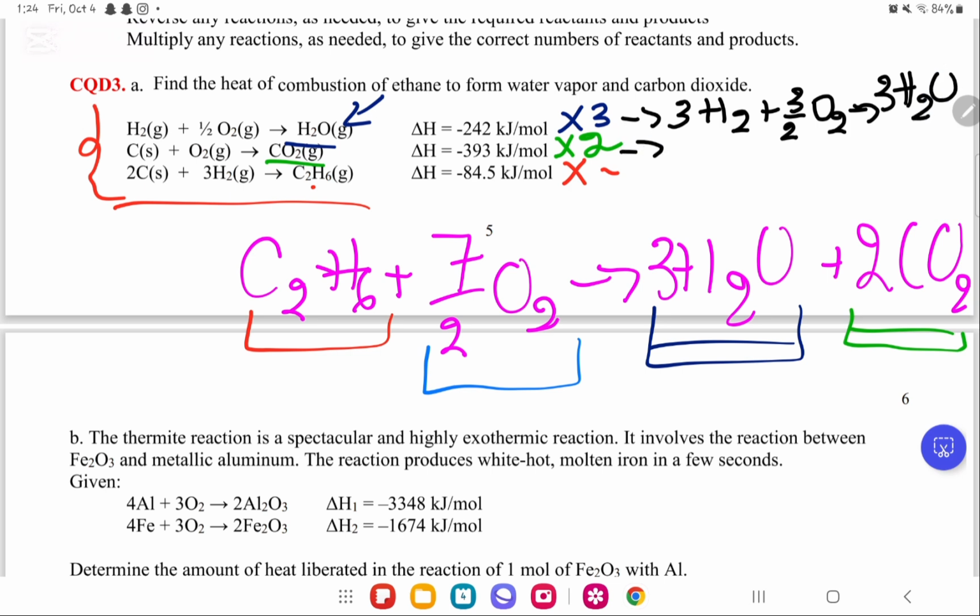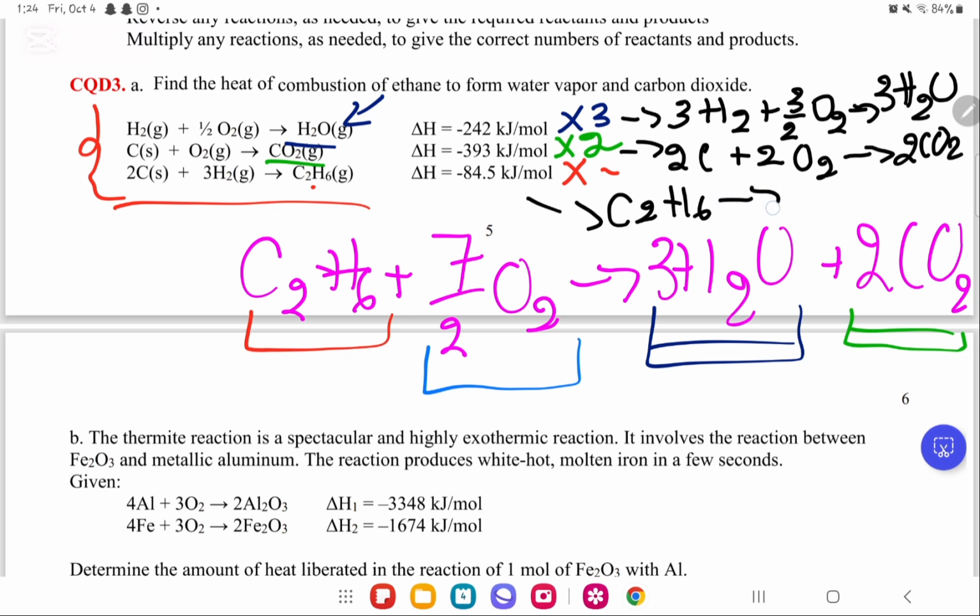For this one, it becomes 2C solid plus 2O2 gives us 2CO2. And now finally, this equation, we're only gonna flip it. It's gonna become C2H6 gives us 2C plus 3H2.